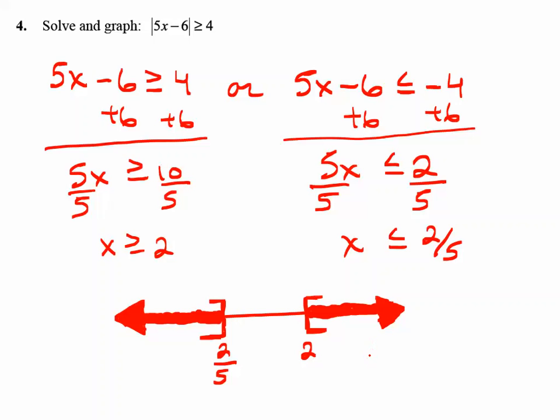All right, let me try. So how about negative infinity to 2/5. This time we need a bracket because of that right there. So bracket union. We also then need a bracket at 2 and then going off to positive infinity eventually.